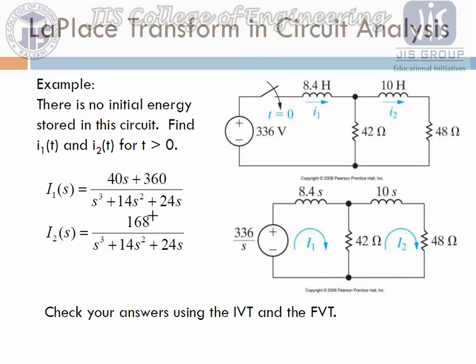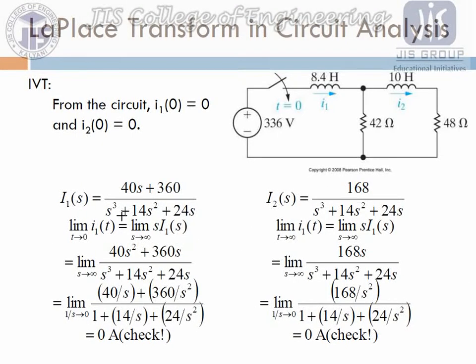This was the value for I1 of S, and this is the value for I2 of S, and we are going to apply the initial value theorem and final value theorem to check whether the result is the same or not. So for I1 of S, this is our function, a numerator by denominator form.